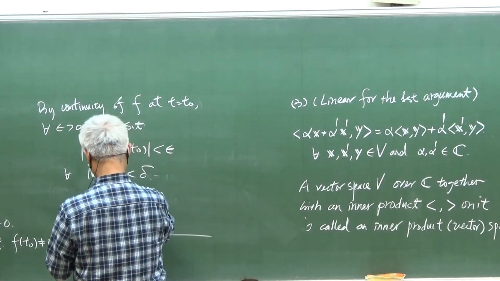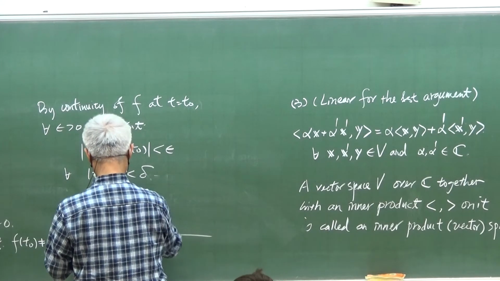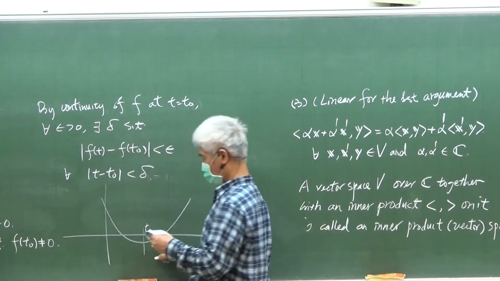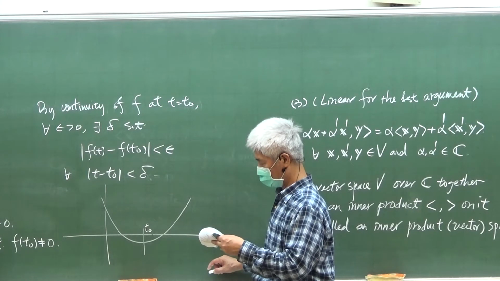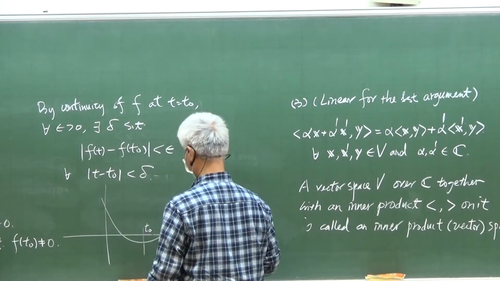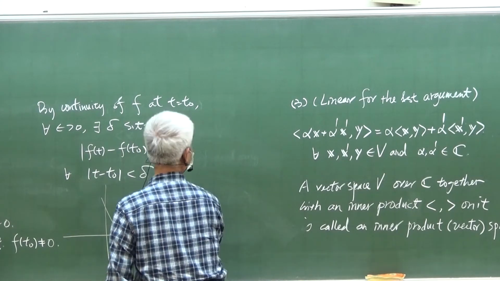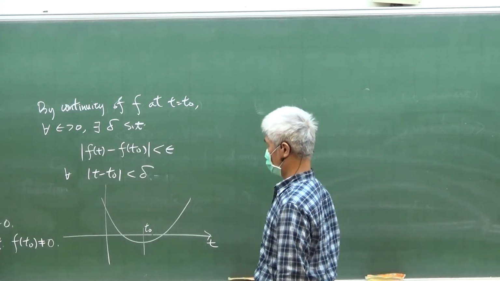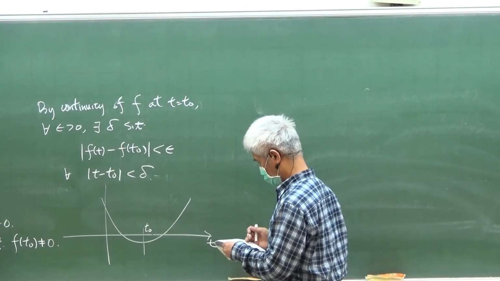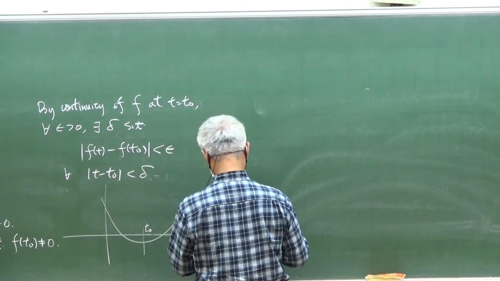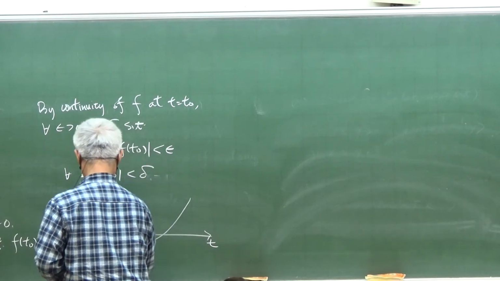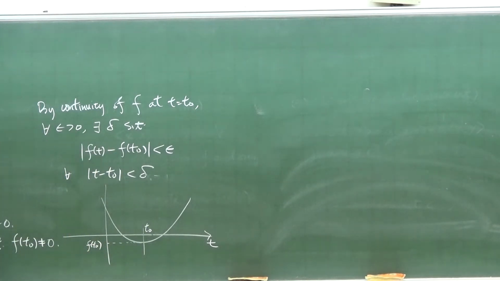So here is the picture. Suppose this is t0 and f of t0. So f of t0 is not equal to 0, and we can find a neighborhood of t0.